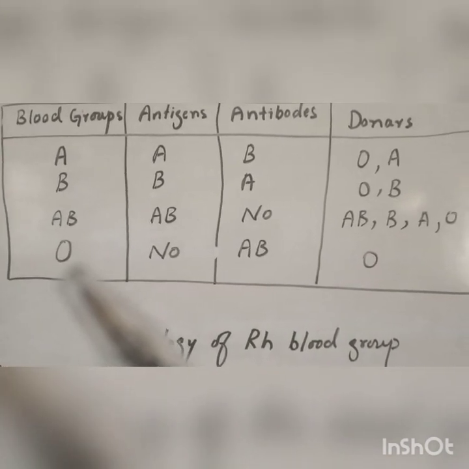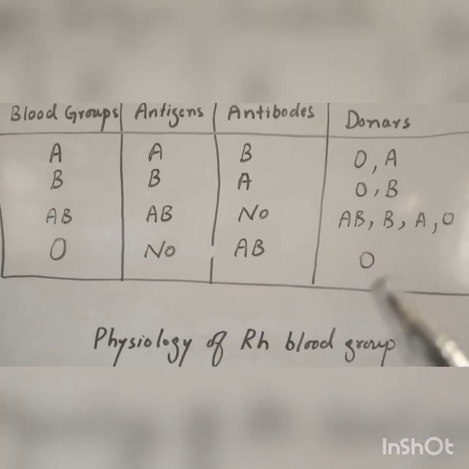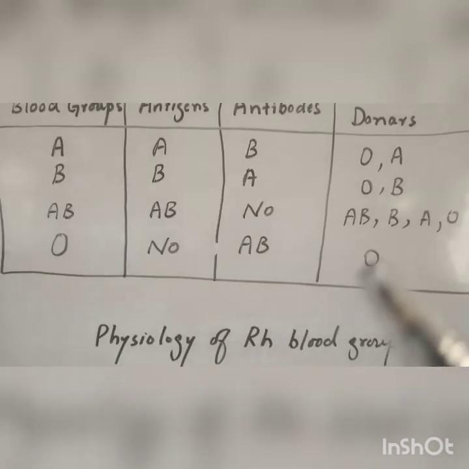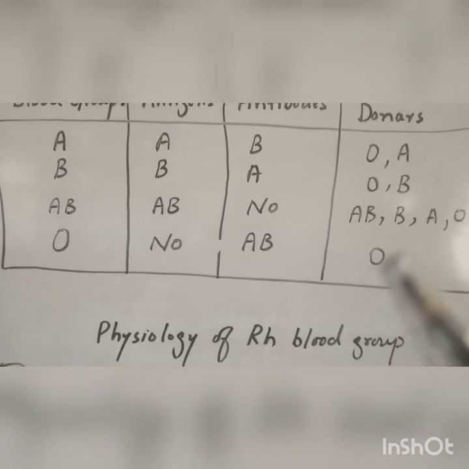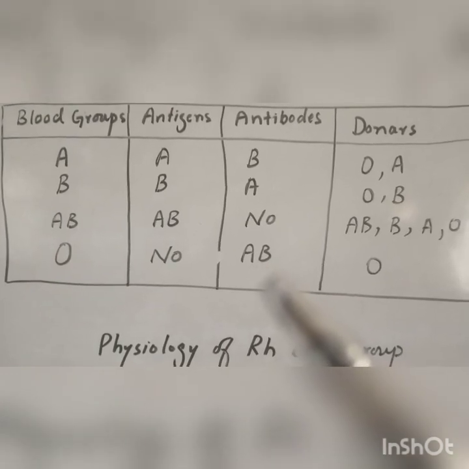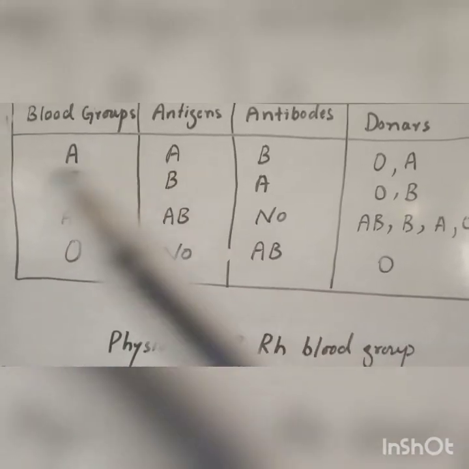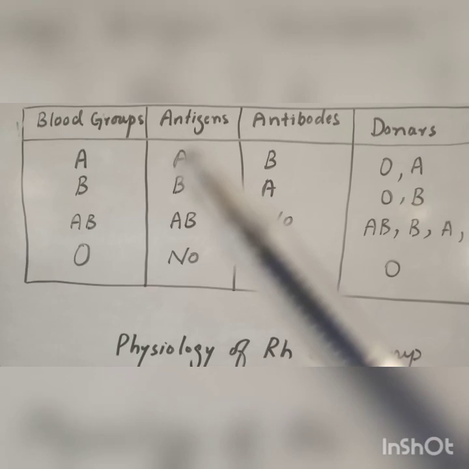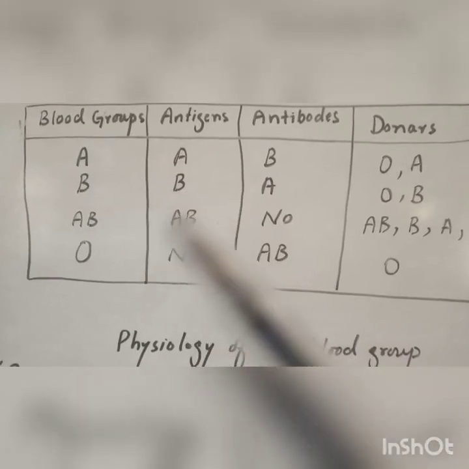In blood group O, it has only the donor blood group O because it has antibodies A and B. So on blood group A, the antigen is A, on B is B and on AB is AB.